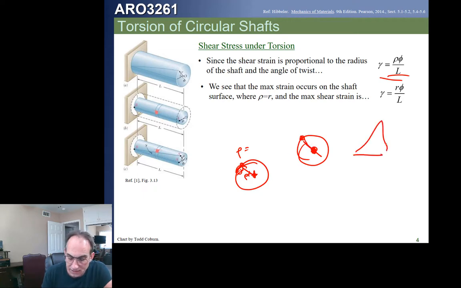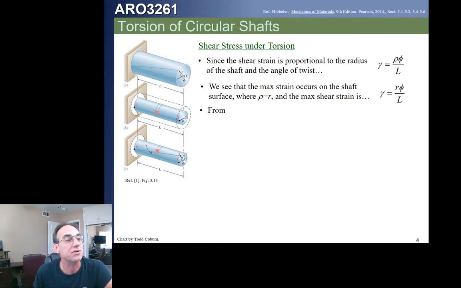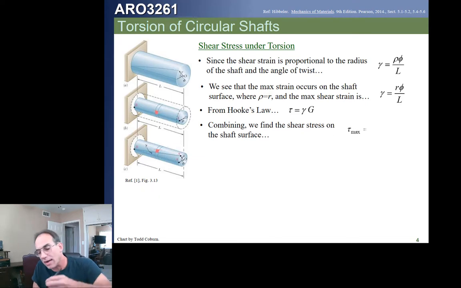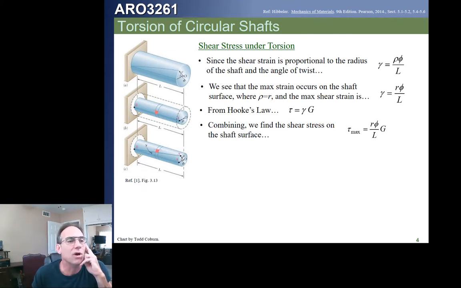We're going to see through Hooke's law that that also gives us a linear stress distribution. From Hooke's law, the shear stress is just the shear strain times the modulus of rigidity, so we can combine these two equations and we get this relation for the max shear stress.